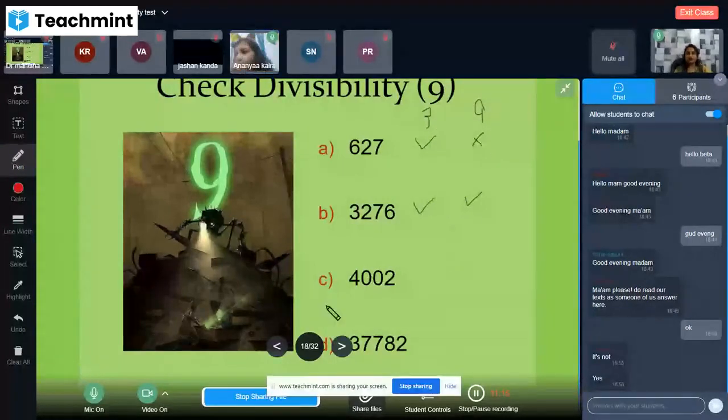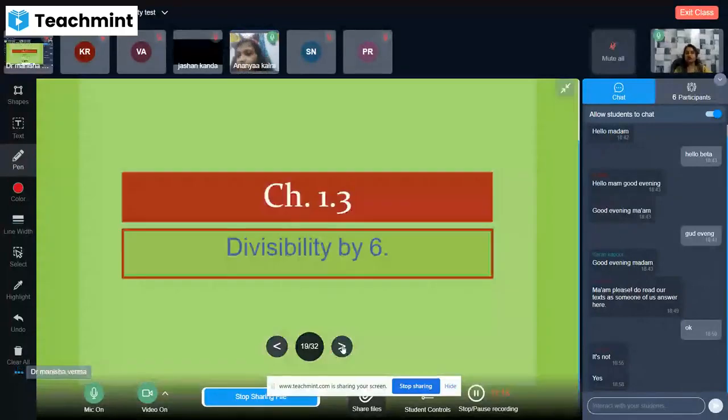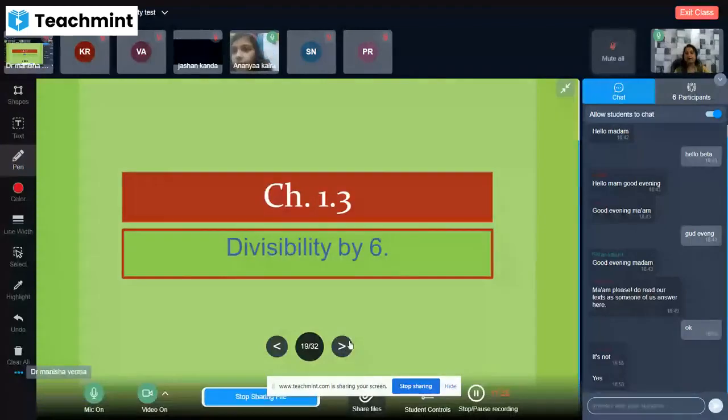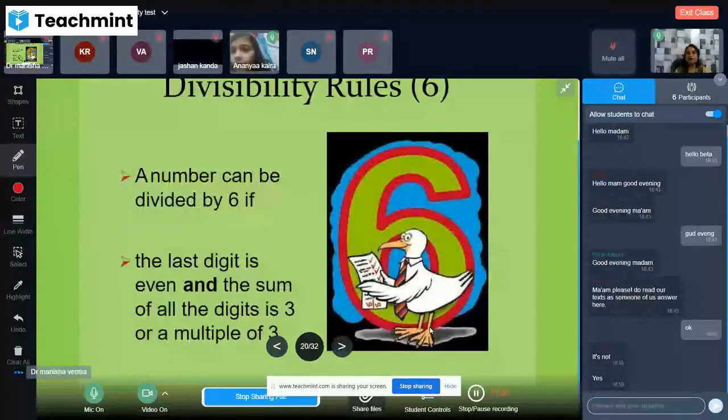Yes. Next, we move on to divisibility by 6. This we have to cover today. Rest we had already done in yesterday's class. That was a quick revision. Now we'll do divisibility by 6. What we have to do in divisibility by 6?